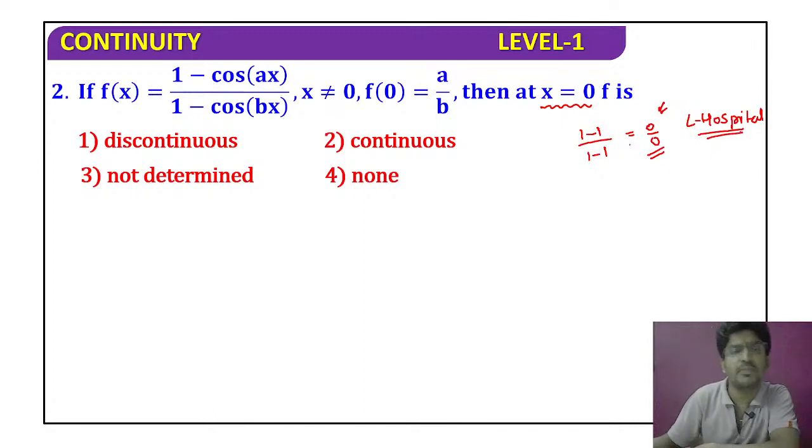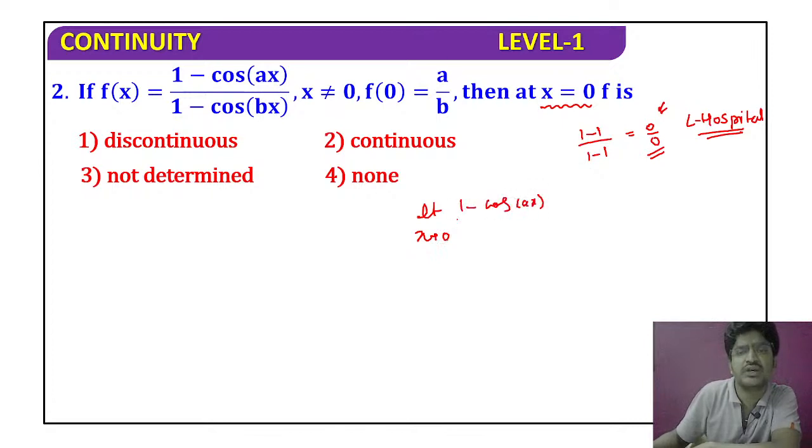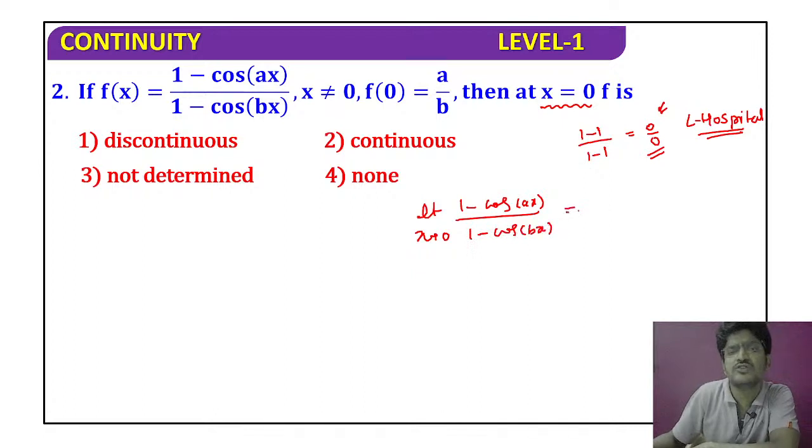By applying L'Hospital rule, limit x tending to 0 of 1 minus cos of ax divided by 1 minus cos of bx. If I differentiate 1 it is 0, and differentiating cos gives minus sin, and minus into minus is plus sin of ax into a, divided by plus sin of bx into b.